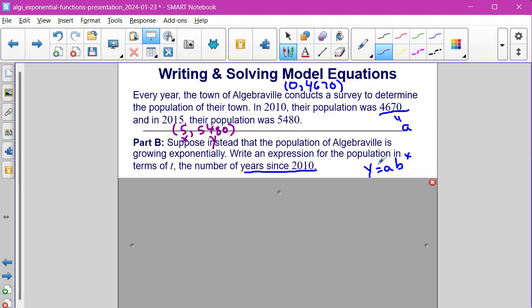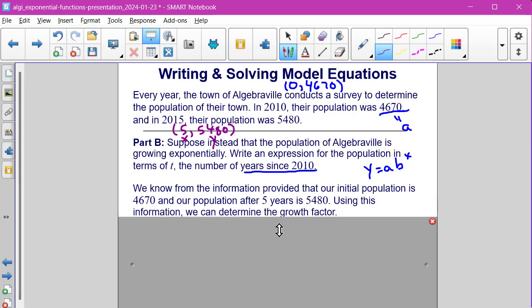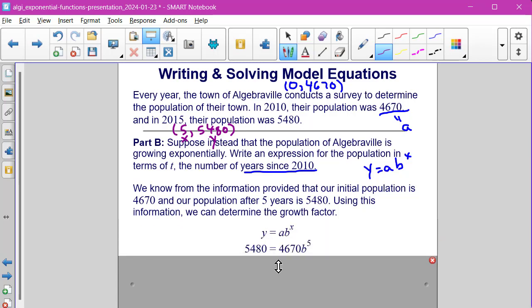So using this information and the exponential function y equals a times b to the x, we can then determine our missing b value by substituting these values in. We already know a is 4,670. We have 5,480 as our y value, and then our x value is 5.